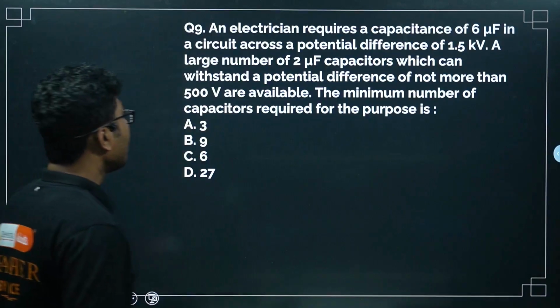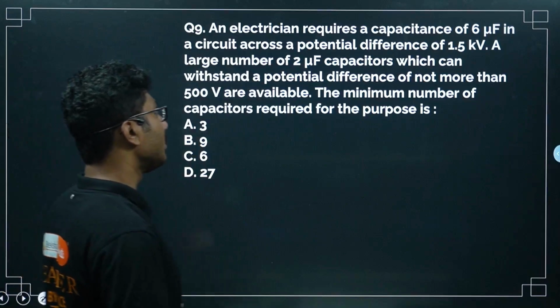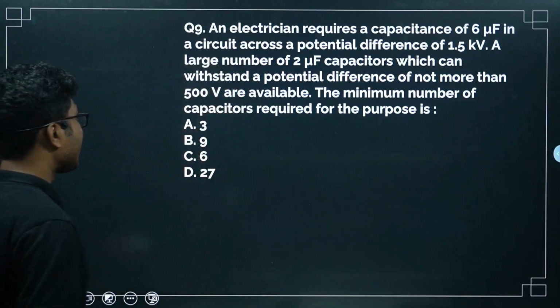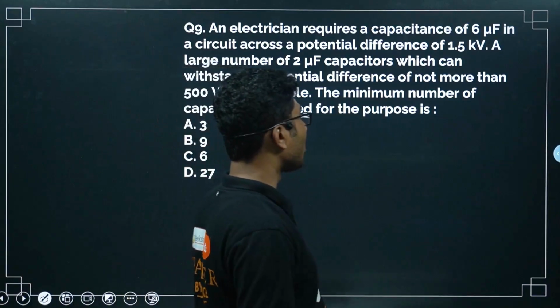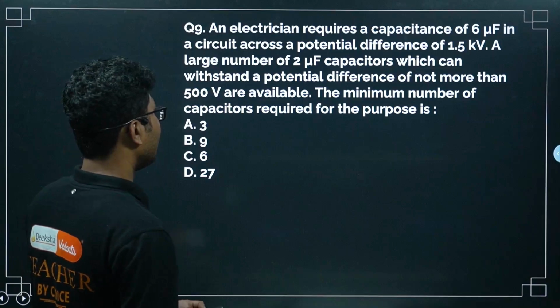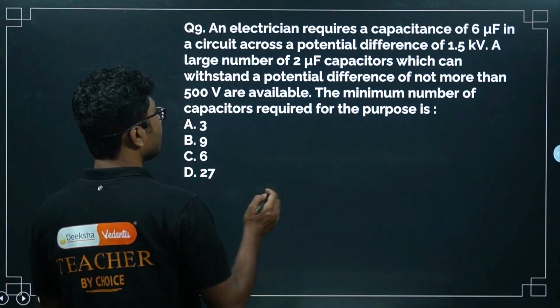Next question: to get 6 microfarad in a circuit with a potential difference of 1.5 kilovolt, a large number of 2 microfarad capacitors, each of which can withstand a potential difference of not more than 500 volt, are available. The minimum number of capacitors required is? So what is the question?